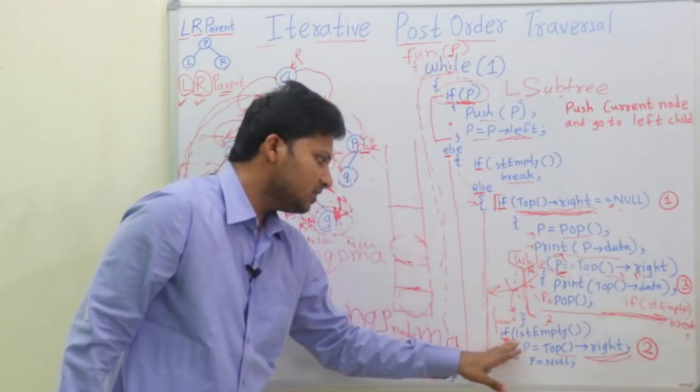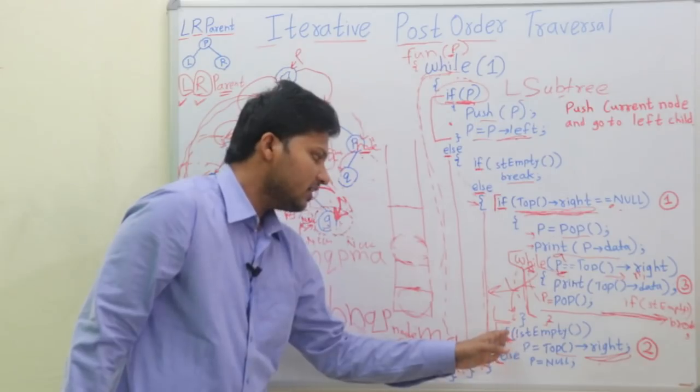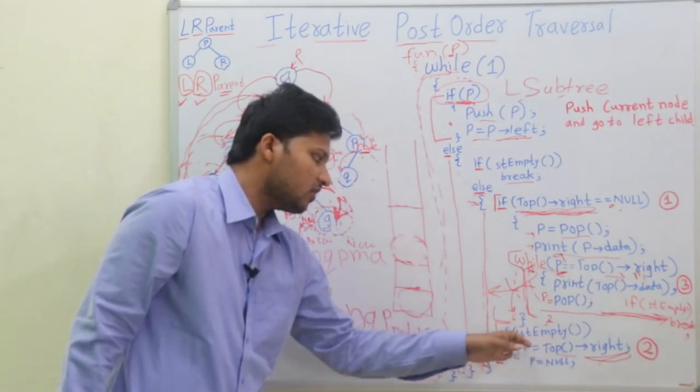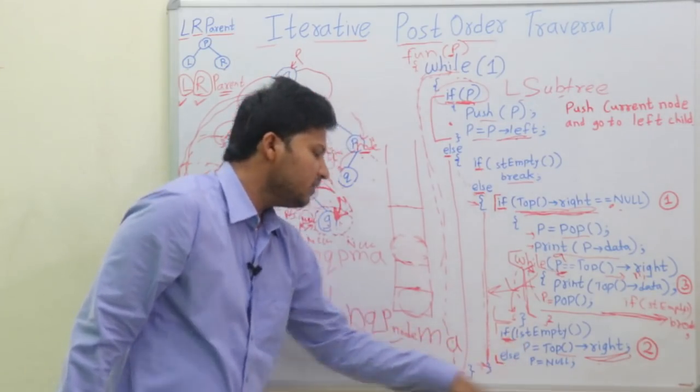Now after you come here and check whether the stack is empty or not, there will be no problem because here we have already checked. Then again in this else we will go and p will be null.